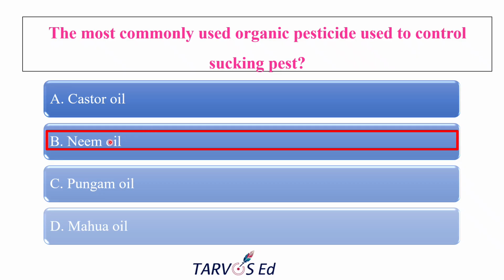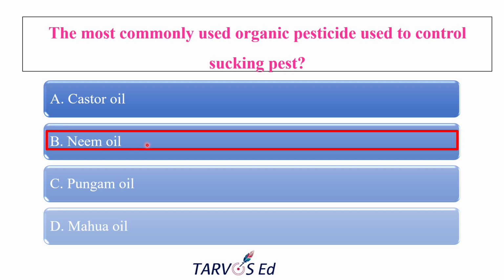So the main thing is that if you apply neem oil, there will be some effects on the pest, like insects will not feed, it creates an anti-feedant effect, or it will be repellent to the pest. Also it will disrupt molting and egg laying capacity in sucking pests. So it is generally recommended against most sucking pests.